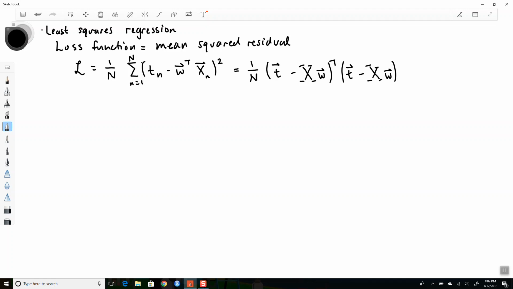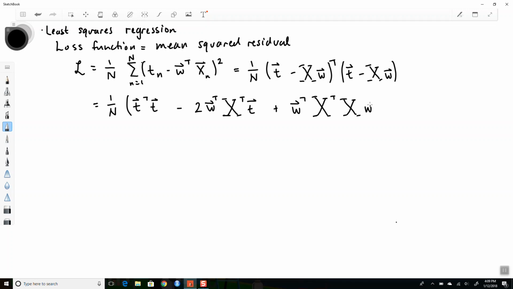And then we expanded this out, and we got T transpose T minus 2 w transpose X transpose T plus w transpose X transpose X w.